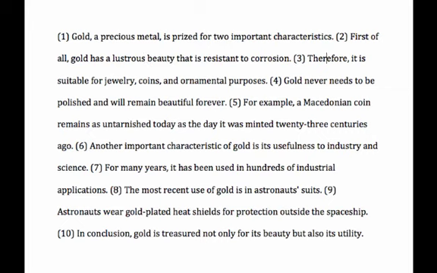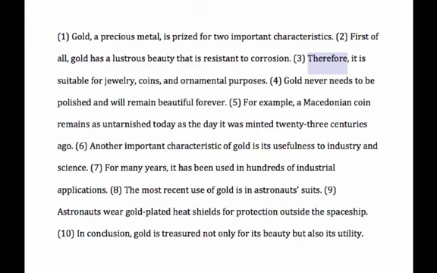Moving on to sentence 3, again we see that there's this transition signal here. What the writer needs to do now, after stating the first important characteristic, is to back that up with some supporting detail. And the transition signal here, therefore, tells us what kind of supporting detail that is. Is it an example?